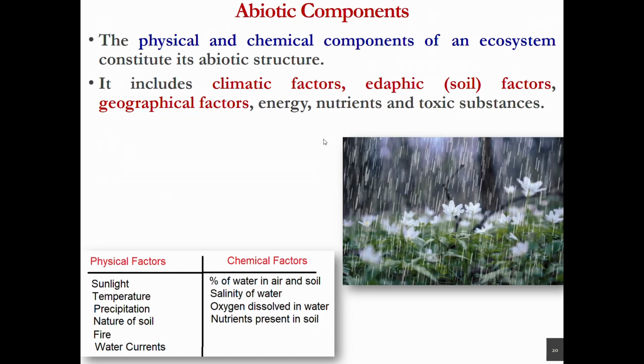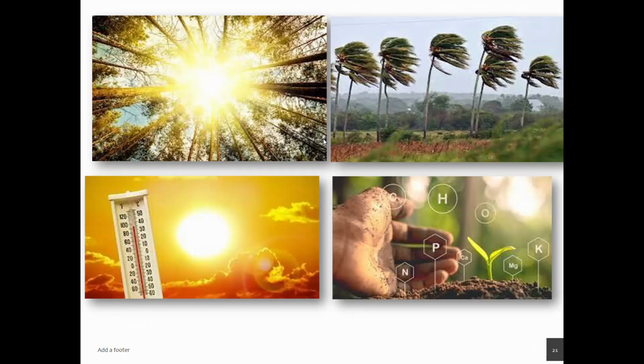Chemical factors include the percentage of water in the soil, salinity of water, oxygen dissolved in the water, and nutrition present in the soil. All these are classified under chemical factors of abiotic components. So these are some of the abiotic components like sunlight, air and wind, which come under the classification of abiotic components. Thank you.